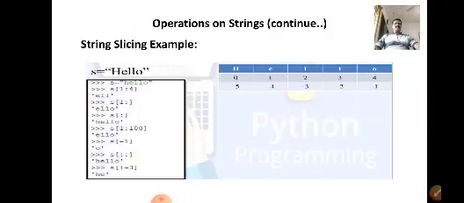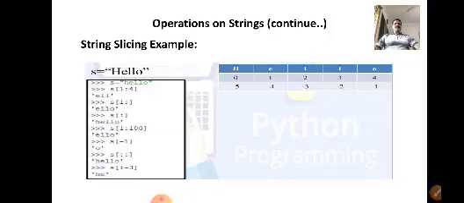Here is a string slice example. You have observed that for "hello", S[1:4], 1 represents the starting value and 4 represents the ending value. So that time it prints ELL. Suppose S[1:], it represents beginning from 1 until the end of that word.